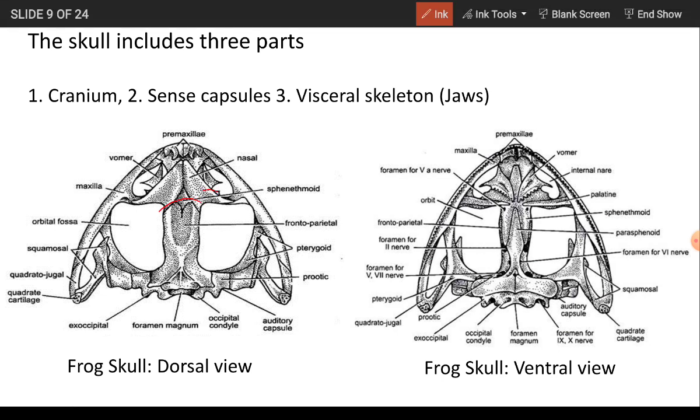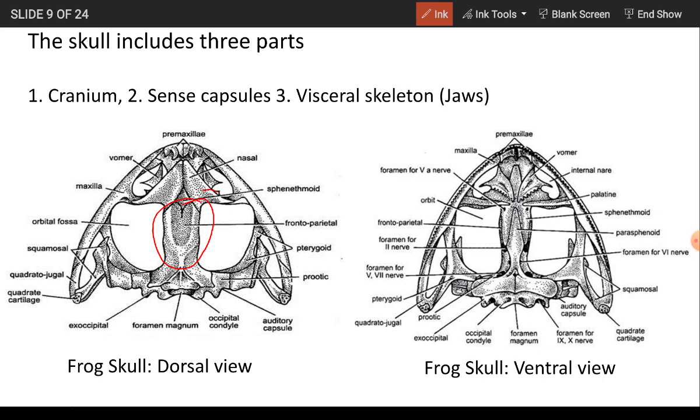this is the frontoparietal bones, which is actually a paired bone fused together to form the frontoparietals, meaning anteriorly the parietal bones and the frontal bones are fused to form the frontoparietals.